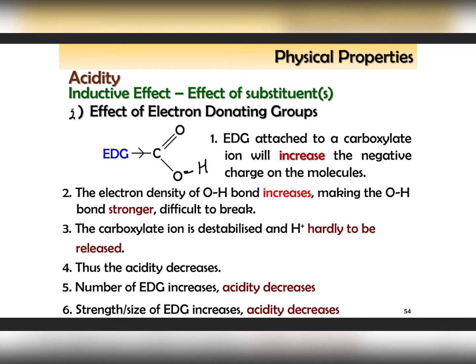That is why, okay, bila H plus ion hardly to be released, acidity of the compound pun berkurang. So you can see that bila you have EDG, electron donating group, acidity will also decrease. Okay, compared to tadi EWG terbalik. And strength ataupun size of the EDG also mempengaruhi acidity of the compound.